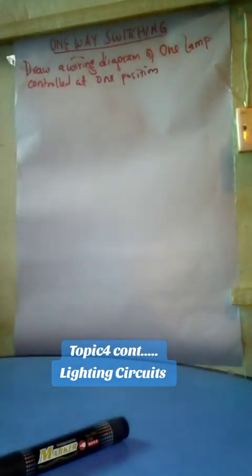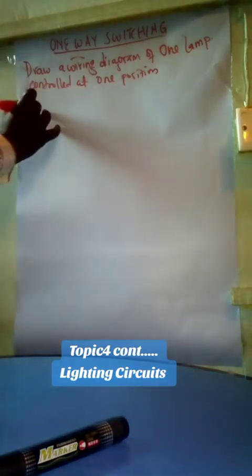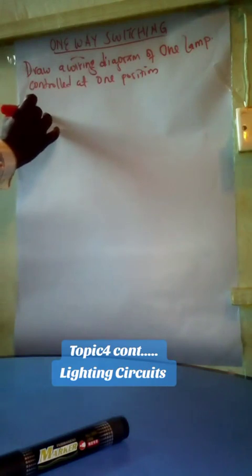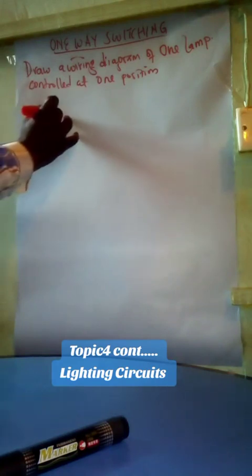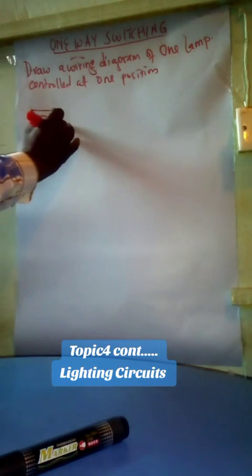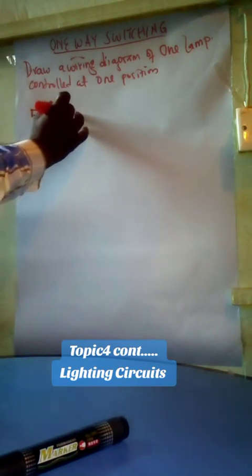In this case, you are told to draw a wiring diagram of one lamp controlled by a one-way switch. So for clarity, because it must come from the consumer unit, you need to draw your consumer unit here.